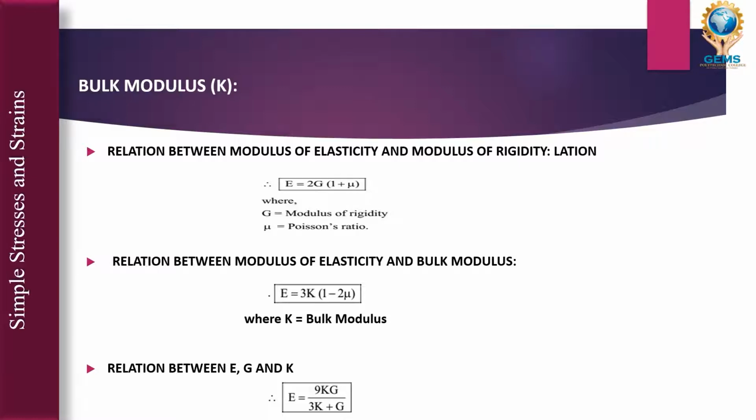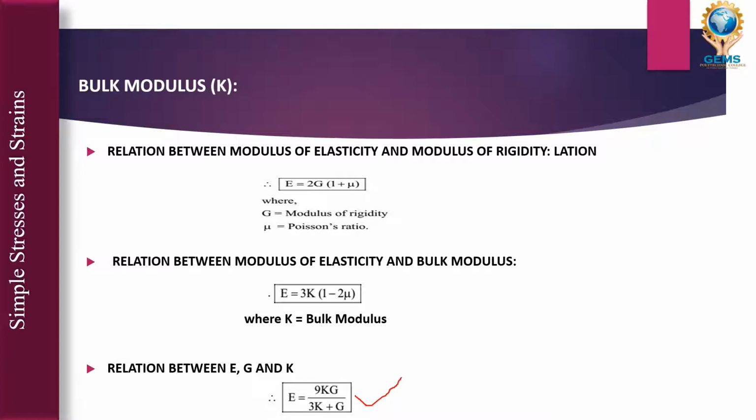And the third one is relation between E, G and K. That means modulus of elasticity, G means modulus of rigidity, and K means bulk modulus. If you will see relation between modulus of elasticity, modulus of rigidity and bulk modulus, then this equation will come.